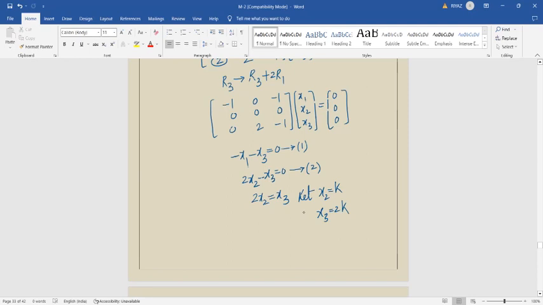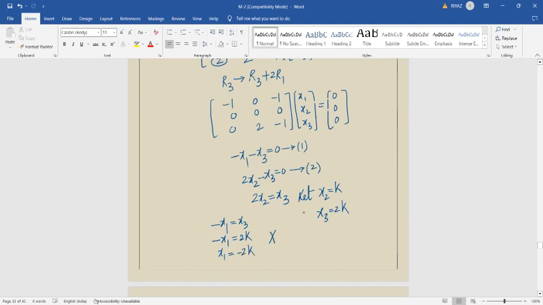See, minus x1 is equal to x3. The x3 value is already 2k. Substitute. If you bring that to the other side, x1 becomes minus 2k.